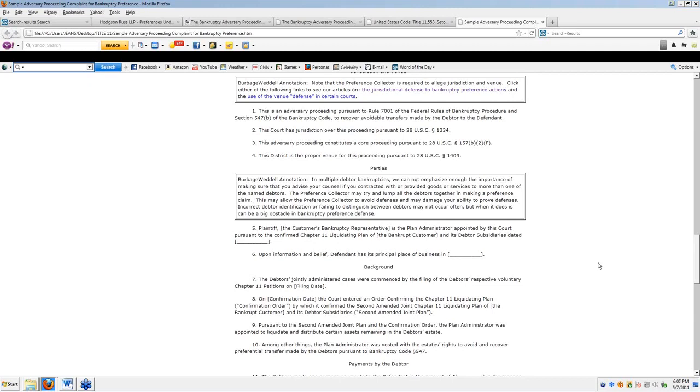The preference creditor collector may try to lump all the debtors together in making a preference claim. This may allow the preference creditor to avoid defenses and may damage your ability to prove defenses. Incorrect debtor identification or failing to distinguish between debtors may not occur often, but when it does, it can be a big obstacle in bankruptcy preference defense. Explain some of that.